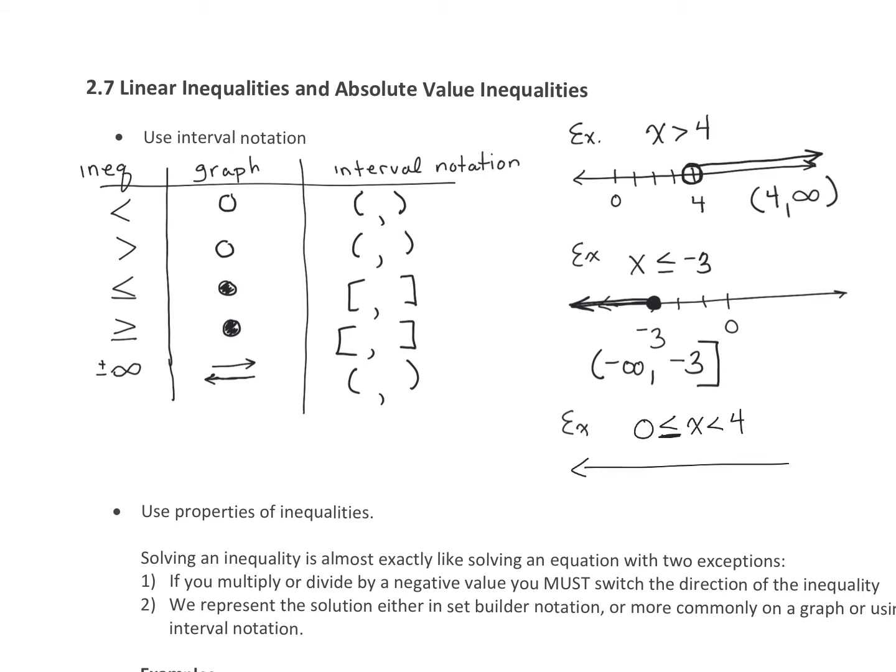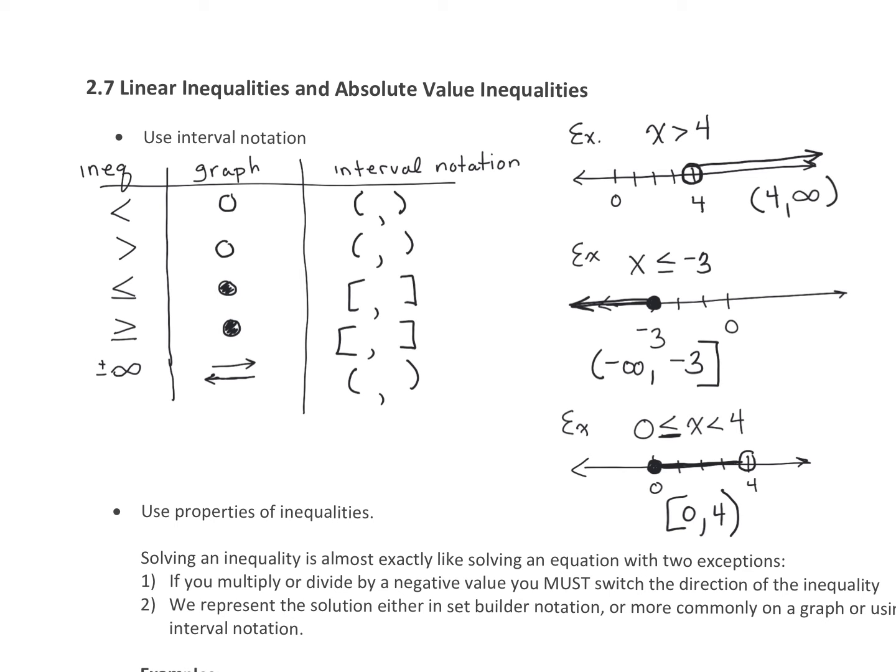On the number line, we're going to have an open circle at 4, but a closed circle on 0. And we would shade in between that. And for the interval notation, we'd have a bracket because we're including 0, and then a parenthesis because we're not including 4.